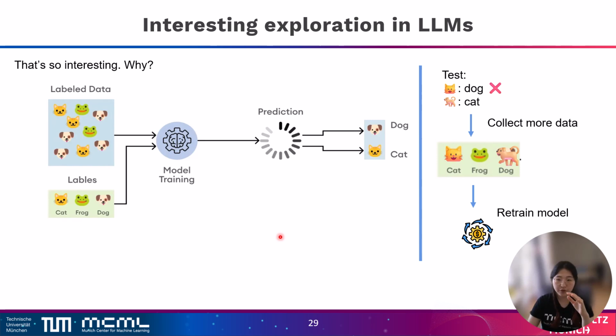Because when we go back to the first talk at the beginning of the seminar, imagine you are a vision engineer and you need to create a classification model. During testing, if your model has bad performance, you usually need to collect more data, retrain the model again, and improve the performance.